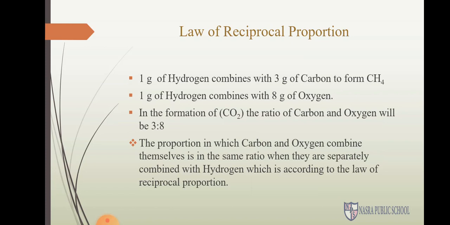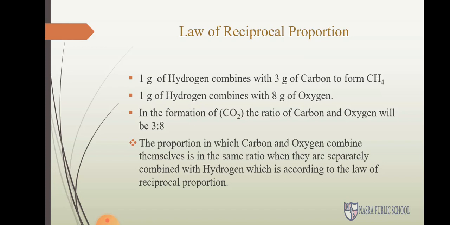1 gram of hydrogen combines with 3 gram of carbon to form methane, CH4. 1 gram of hydrogen combines with 8 gram of oxygen. So here the ratio of masses of carbon and oxygen is 3:8.